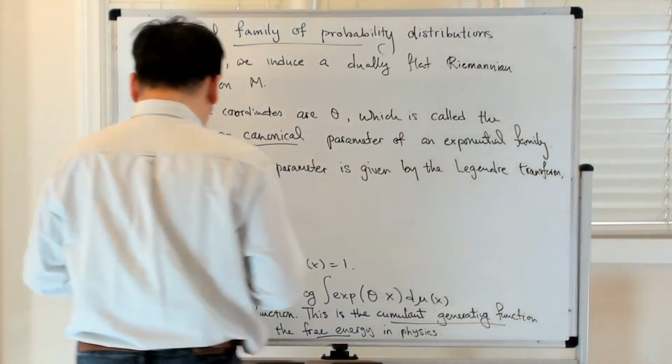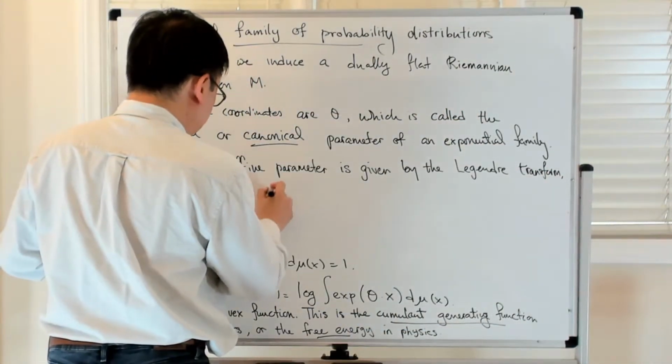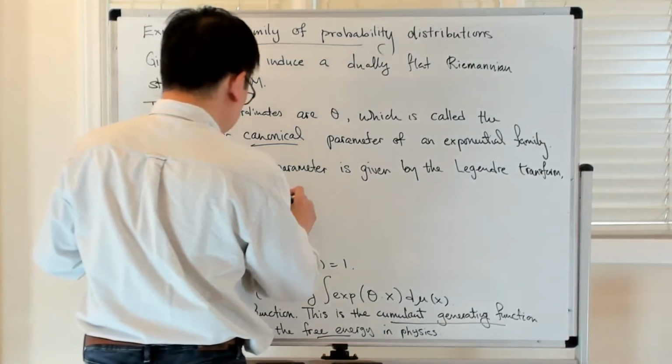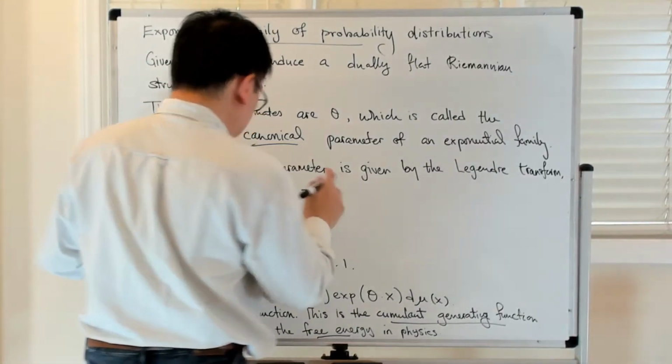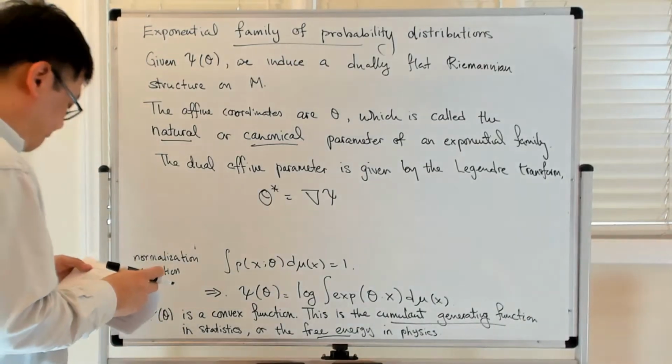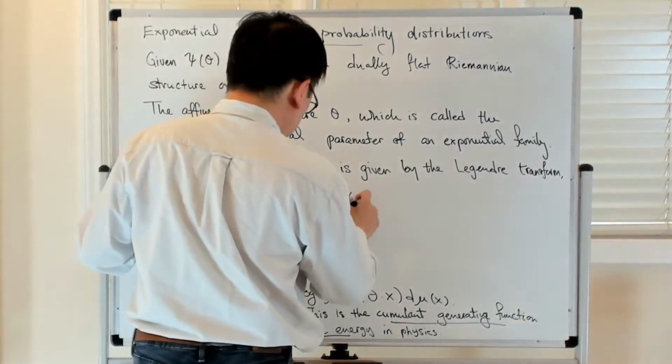Let's call that theta star. It's just the gradient of this free energy function at the point theta.